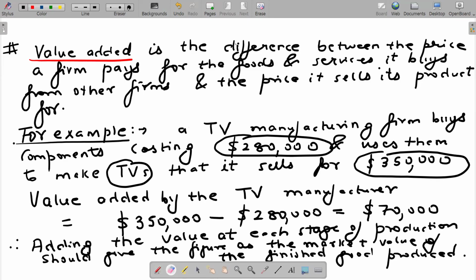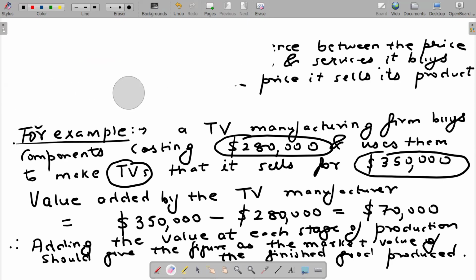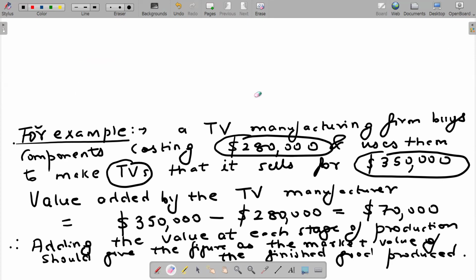So I can erase the initial portion off and I can write this on the top. Sum of the value added at every stage of production.